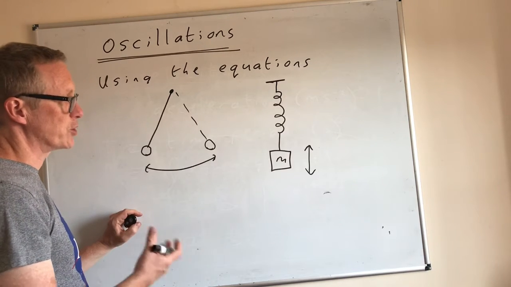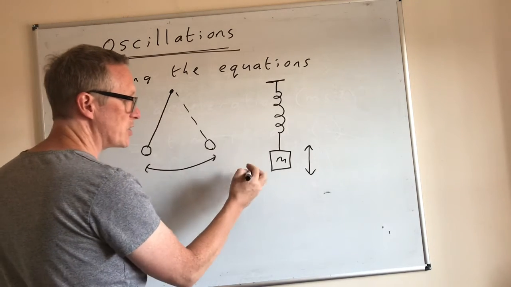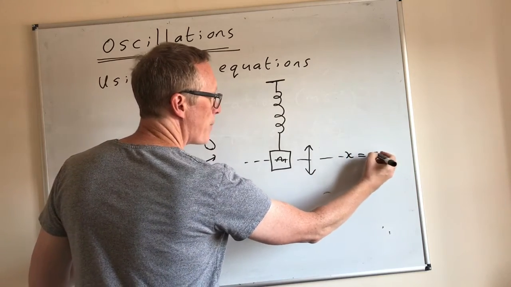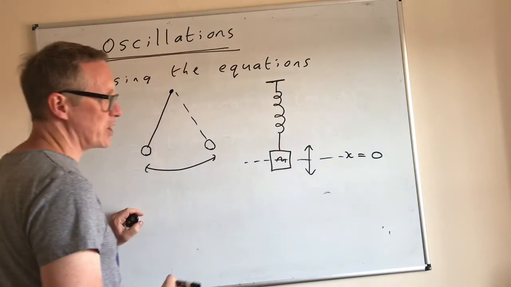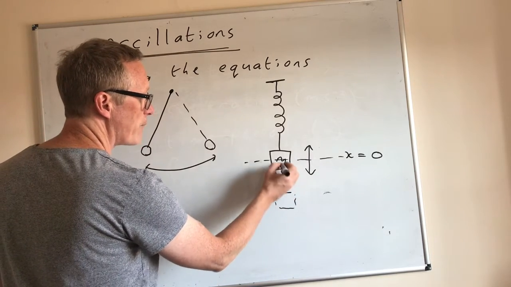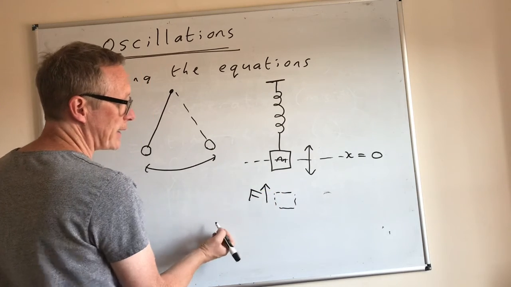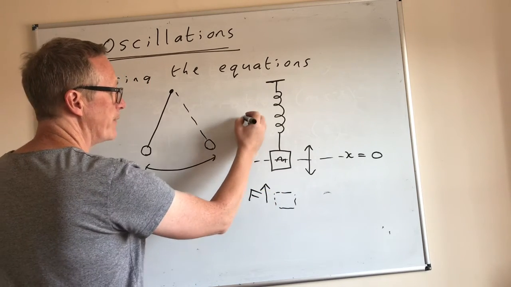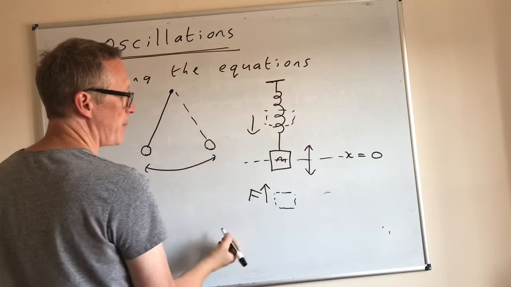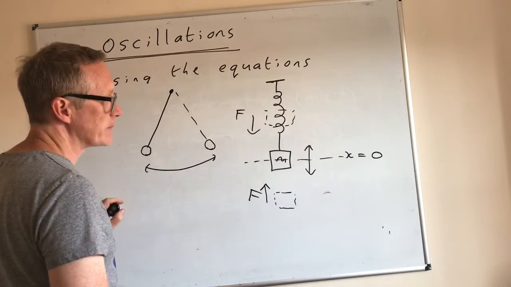Simple harmonic motion is the idea that if an object is displaced away from its equilibrium point, where displacement is zero, then there will be a force pulling it back. If you lifted it up so it was higher up, there would be a force pulling it back. So it would always accelerate towards the middle.